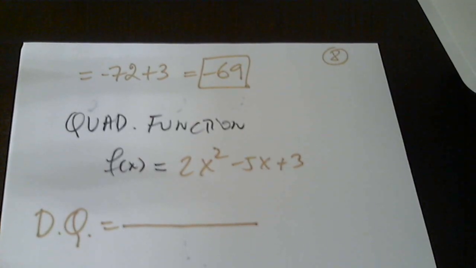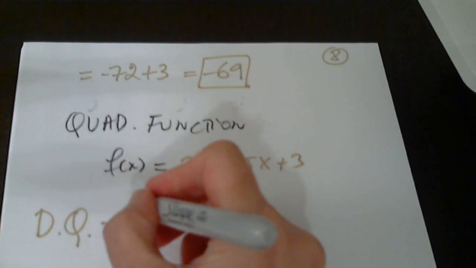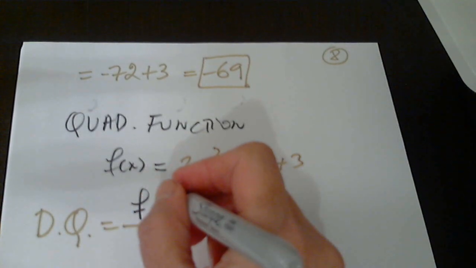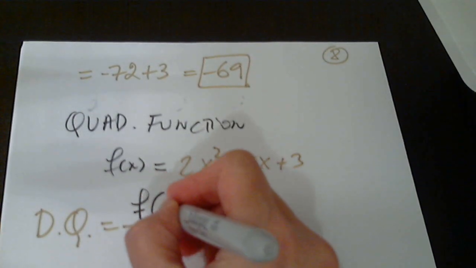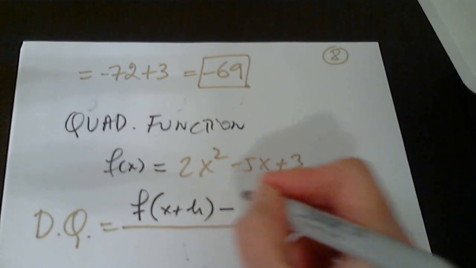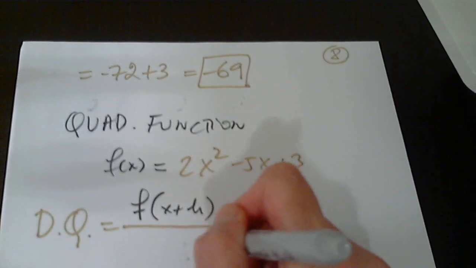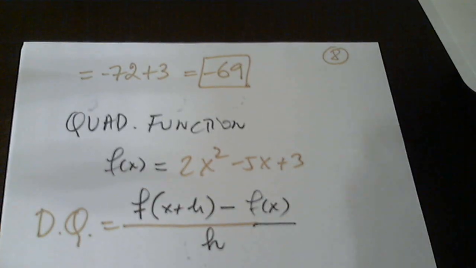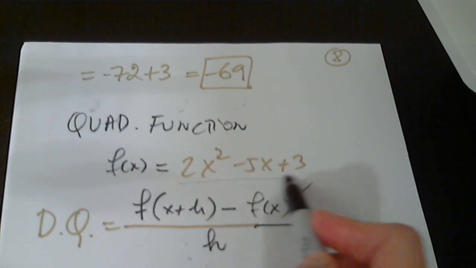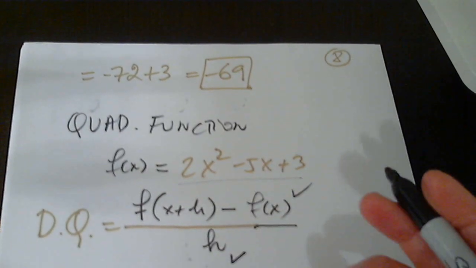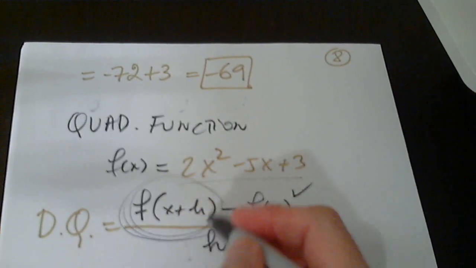Is it f of x plus h, minus f of x, over h? That's it. Very good. Remember, this is what you came up with. This is clear. We have to determine this.